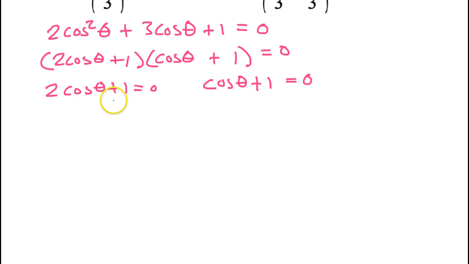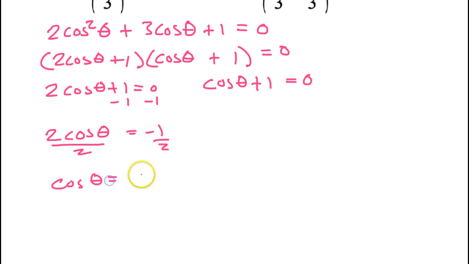So on this side I'm going to subtract 1 from both sides. That's going to give me 2 cosine theta is equal to negative 1. Dividing both sides by 2 gives me cosine theta is equal to negative 1/2.